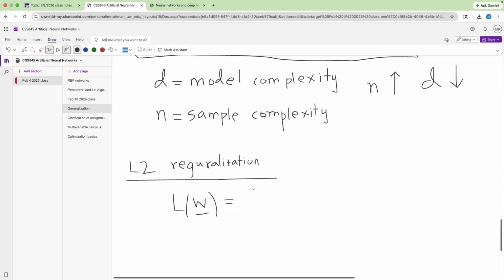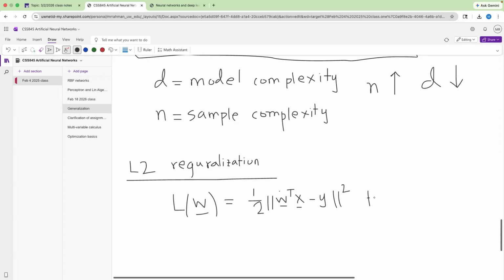Then in least squares regression, we have a training loss term, which is the norm of the difference between our prediction, which is w transpose x for a linear model, and y, our true label.